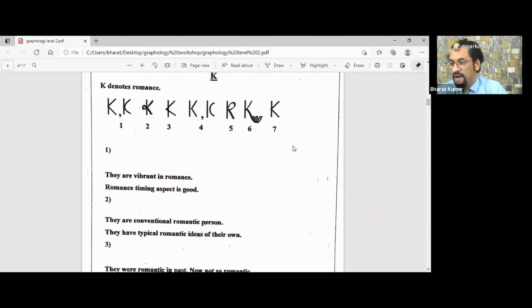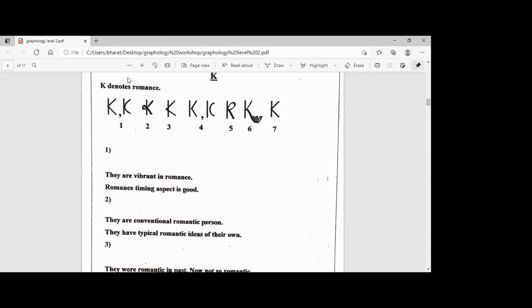They try to have physical activity, but they always avoid it. I repeat, if the loop is moving upward, romance leads to physical activity. If the loop is moving in a forward direction, not upward, they try to take advantage of physical activity in romance, but they generally avoid it in the end. So we can say they are not taking any physical advantage.